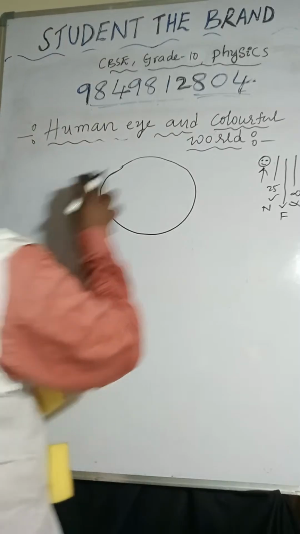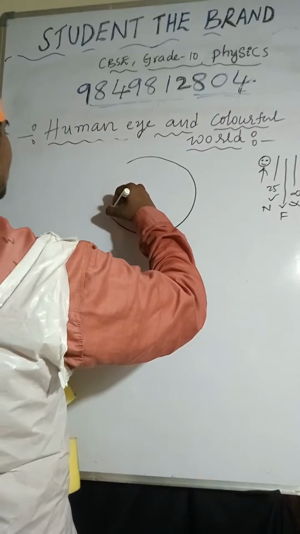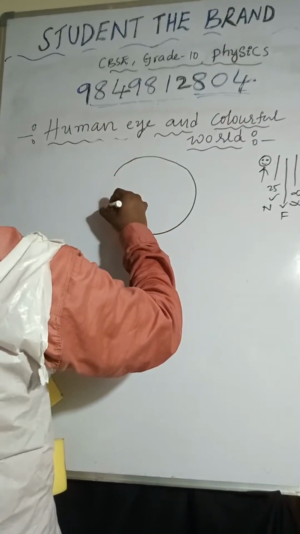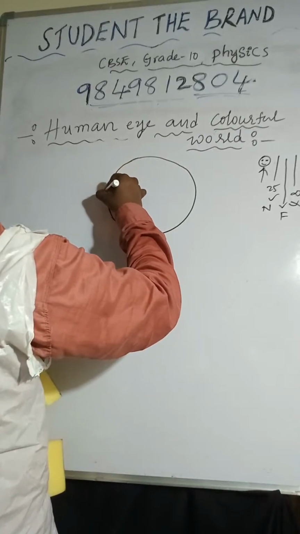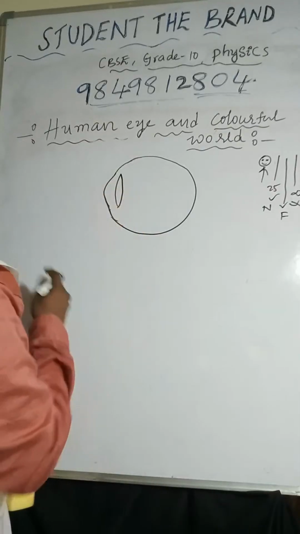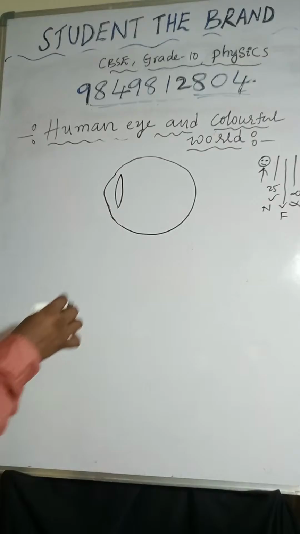Okay, so cornea. I am taking the cornea like here. Lens I am taking here. This is a lens, convex lens.